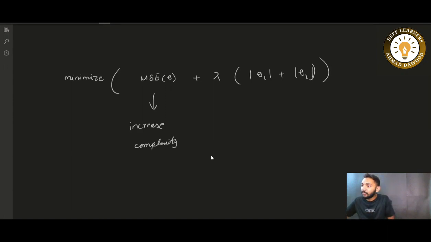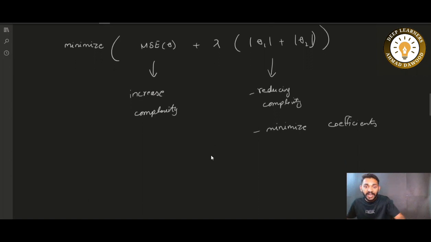At the same time, this factor that we call the penalty, when you are reducing it, you are actually reducing the complexity. In a more technical way, you are minimizing your parameter values, your coefficients.